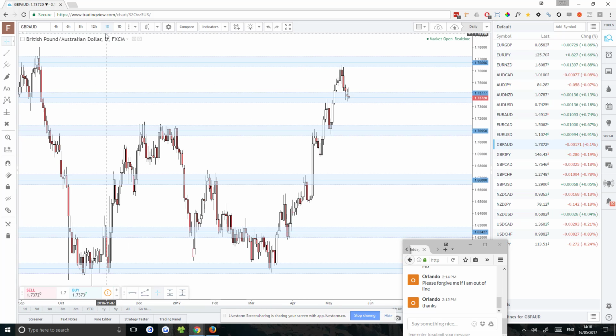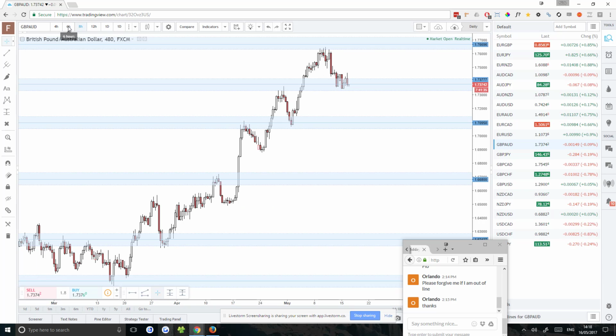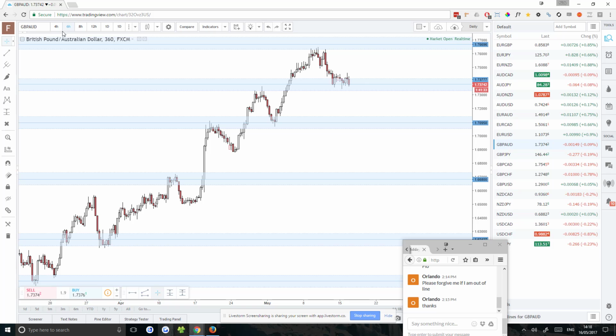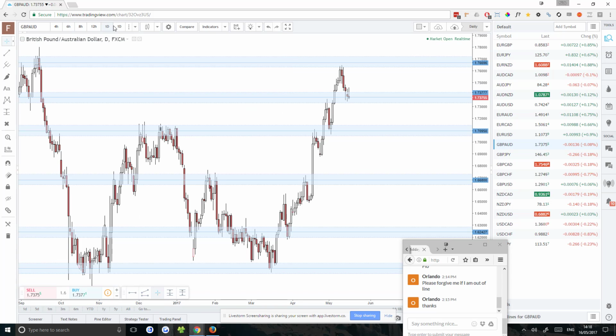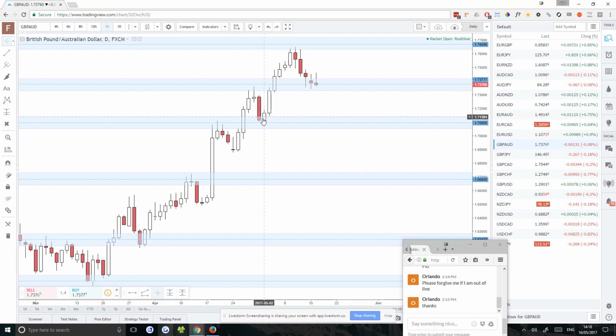GBPAUD. Some of you guys were short on GBPAUD last week. Is that correct, or am I remembering this wrong? I think I called the long 2 weeks ago from here.